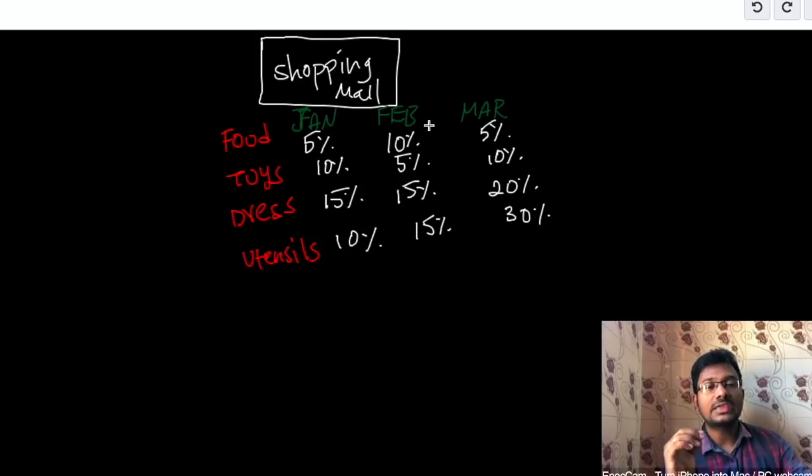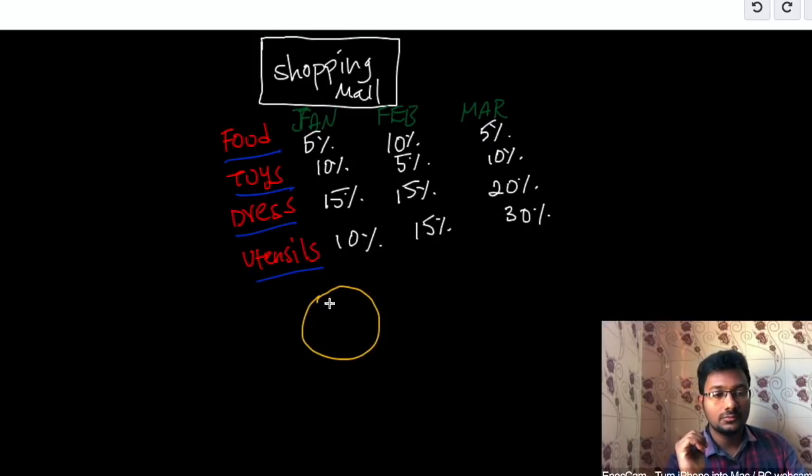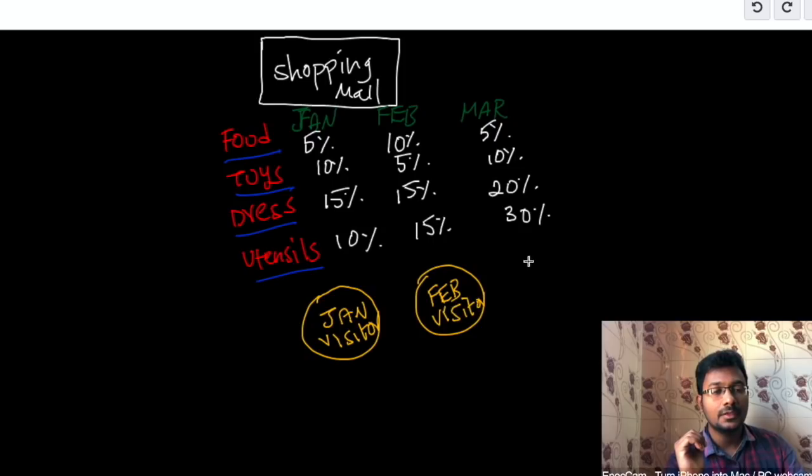Here we can consider food, toys, dress, and utensils as elements, and we can consider 3 objects: Jan visitor, Feb visitor, March visitor.